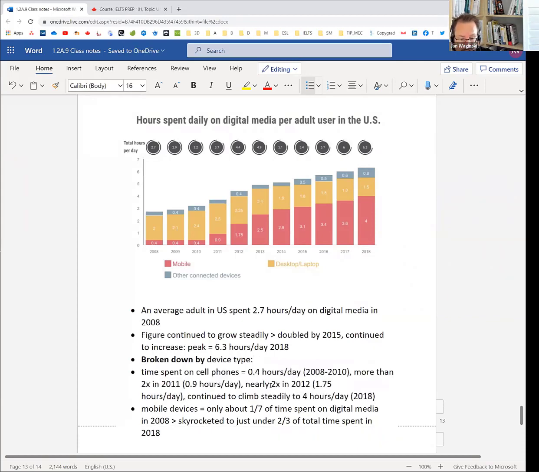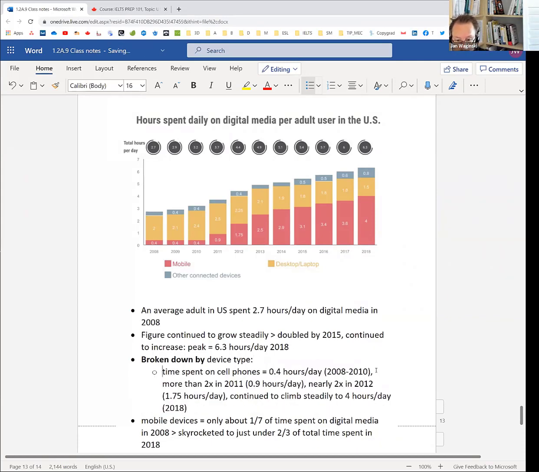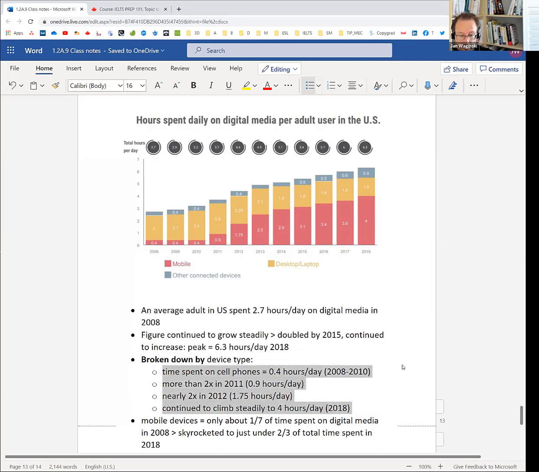You know, I'm going to break this down a little bit for you. Do 4 sentences if you need to, and we'll put them together later. Okay, go ahead. Time spent on a cell phone remained the same between 2008 and 2010, 0.4 hours per day, and it showed its peak 2 times.